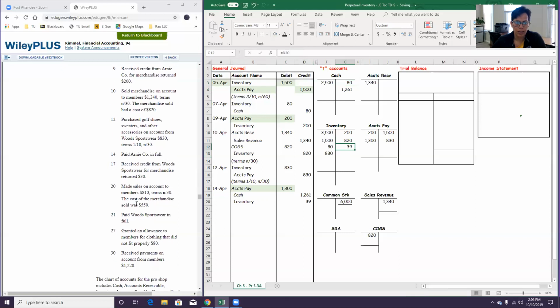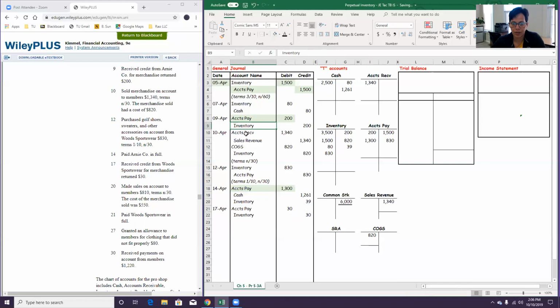Okay. On the 17th, I received credit from Wood Sportswear for merchandise returned for $30. So I have received credit over here. So what are we looking at? Now this is another transaction. This is similar to the one where we made a return.